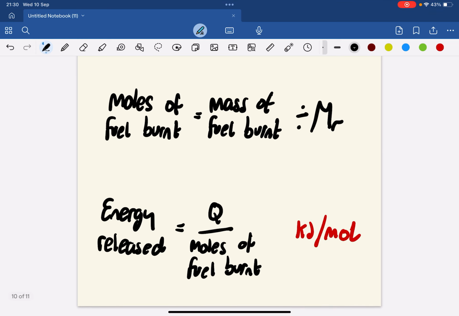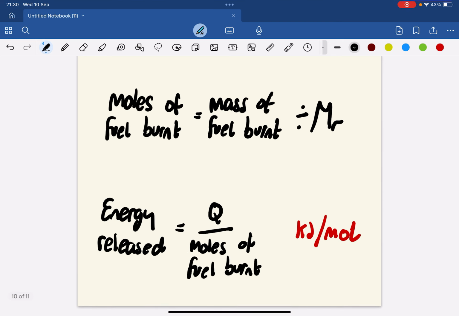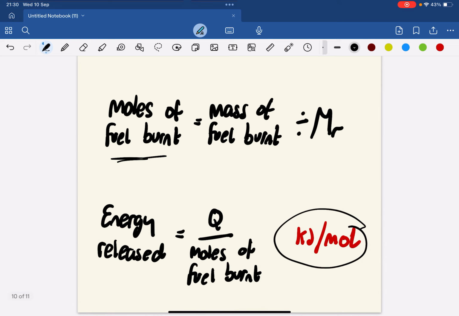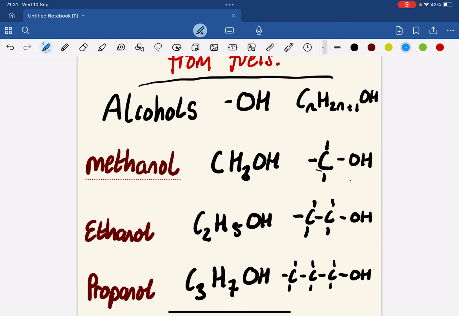And we also need to know the energy being released. That's equal to this here, look, it's the thermal energy transferred divided by the moles of the fuel burnt. And that will give us our answer in kilojoules per mole. So if we want to look at the Mr just for a second, we can flick back here, and for that we need to know the Ars of all of the atoms inside our alcohol.